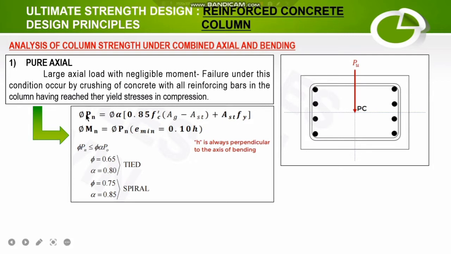So our ultimate strength axial capacity, or phi Pn, is equal to phi alpha times the quantity 0.85 f'c times the quantity Ag minus Ast, plus Ast fy. And our ultimate moment capacity, or phi Mn, is equal to phi Pn times the eccentricity.